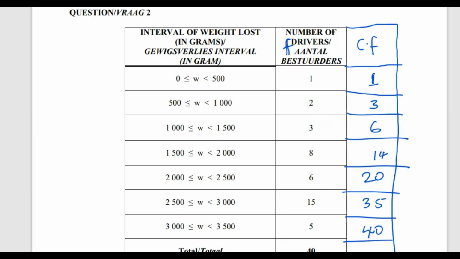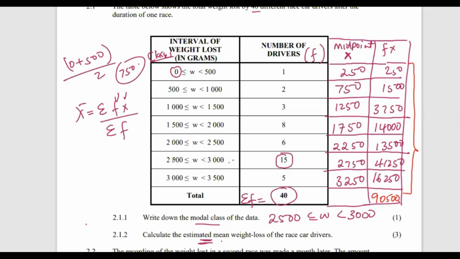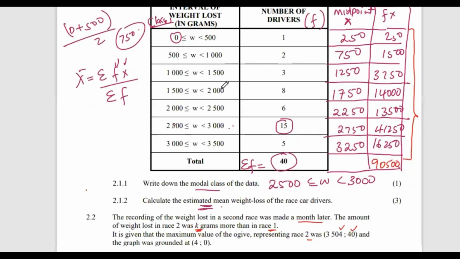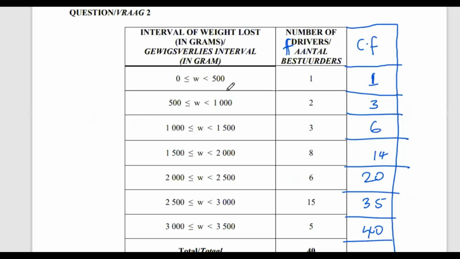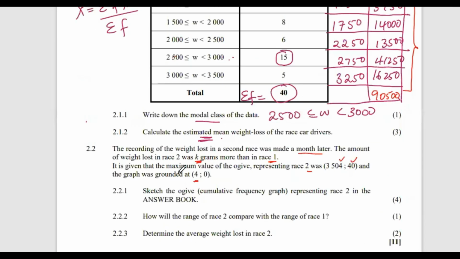Then, if we go back to what they told us, this condition of theirs, remember, these values are for race 1, but we want to play around with this to create the race 2 values. They are telling us that the recording of the race was made 1 month later, and the amount of weight lost in race 2 was k grams more than in race 1.